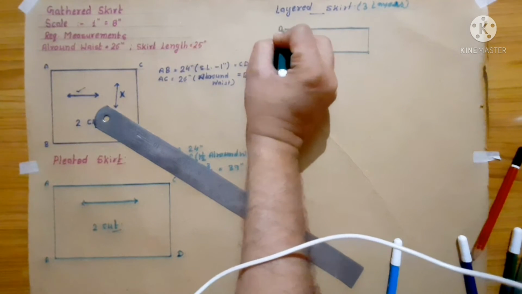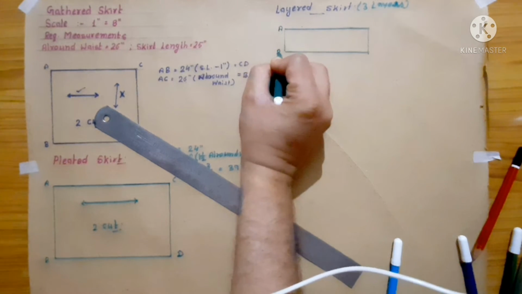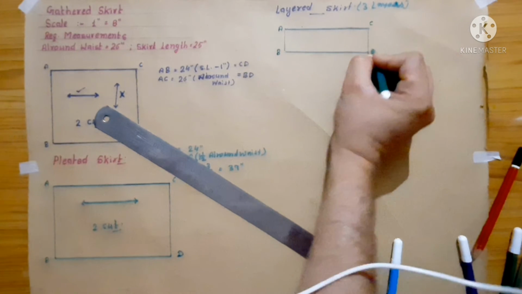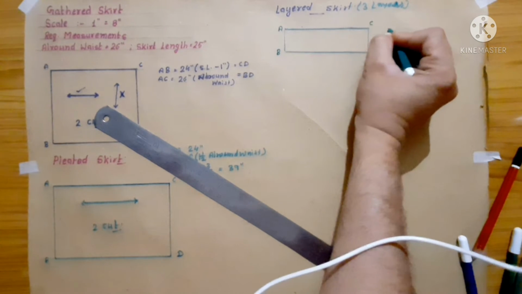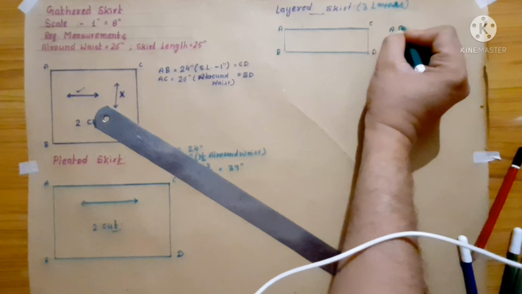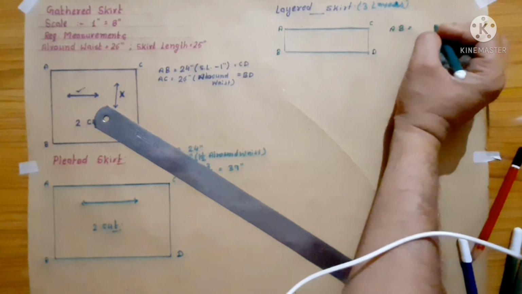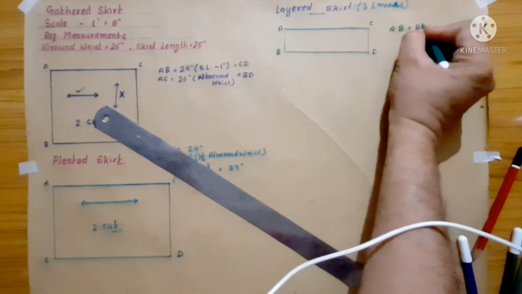A, B, C, D. Here AB is equal to 8 inches.